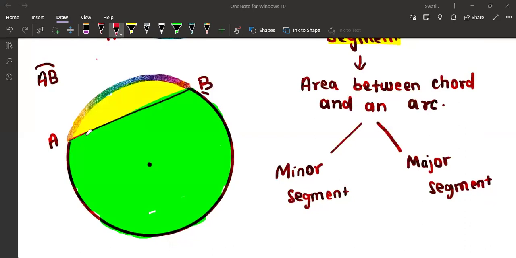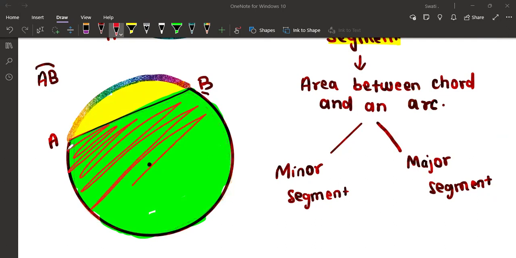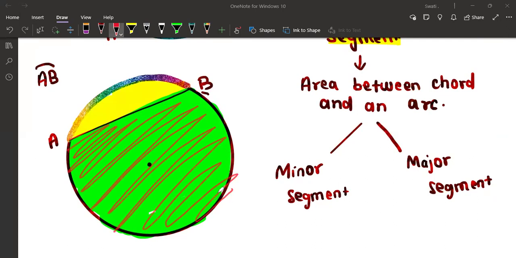So the minor segment will be the area between the chord and the minor arc. This will be called the minor segment. This is called a segment, but this will be called minor segment because it is the area between the chord and the minor arc. What is major segment? It is the area between the chord and the major arc of a circle. This part will be called the major segment.